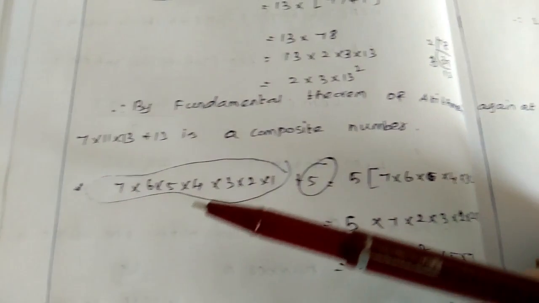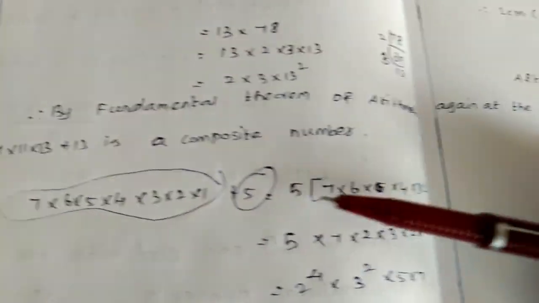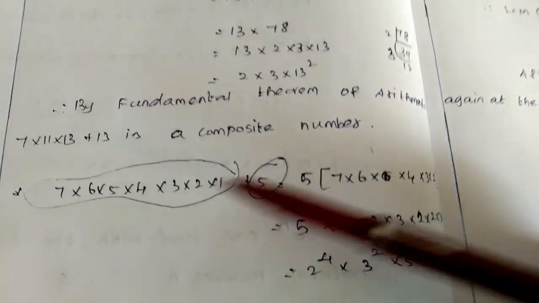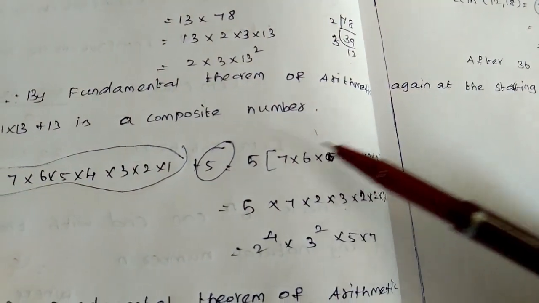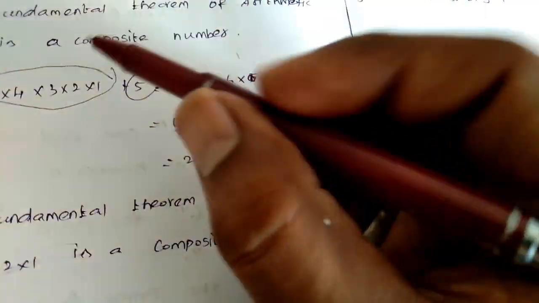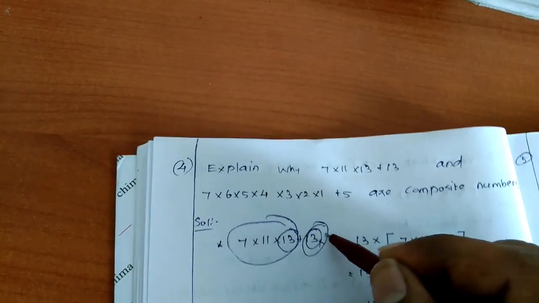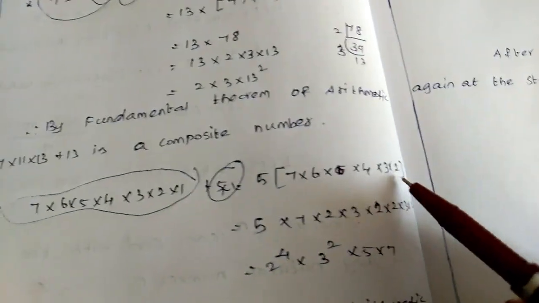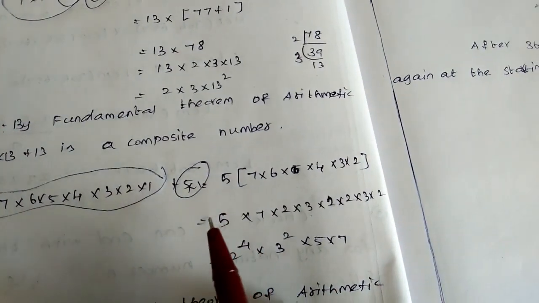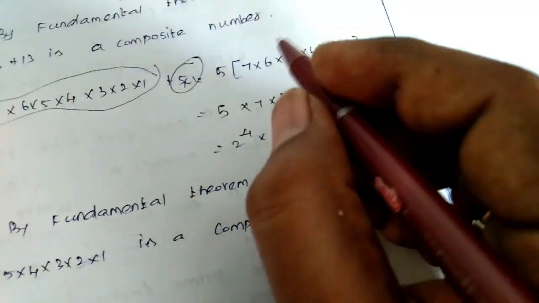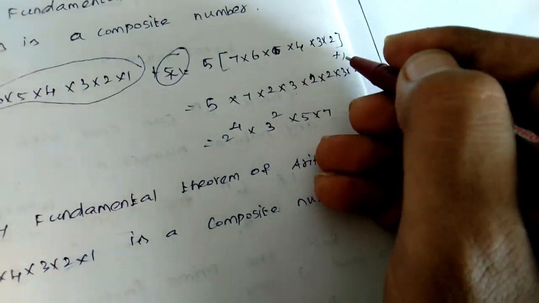Next problem: 7 into 6 into 5 into 4 into 3 into 2 into 1 plus 5. 5 is common among these two terms, because of the plus, so this is considered as two terms. Now 5 into the remaining 7 into 6 into 4 into 3 into 2 into 1, plus 1, taking 5 outside.